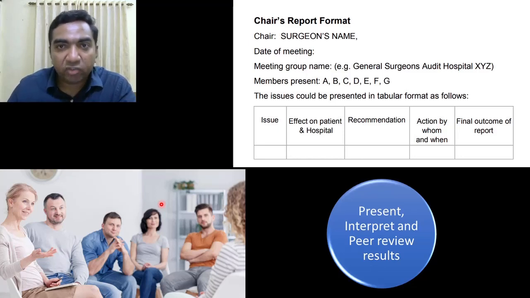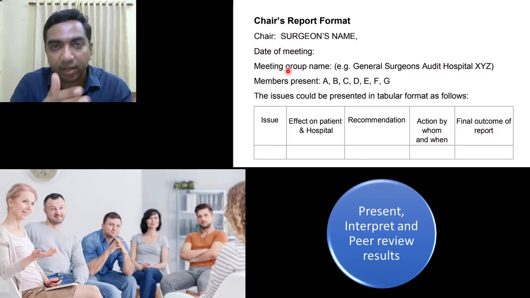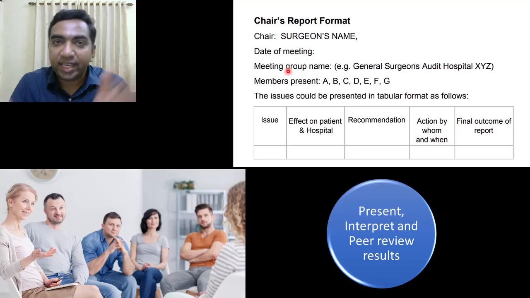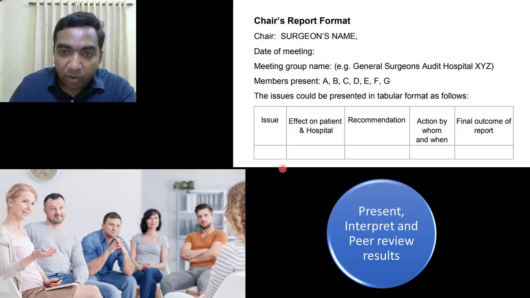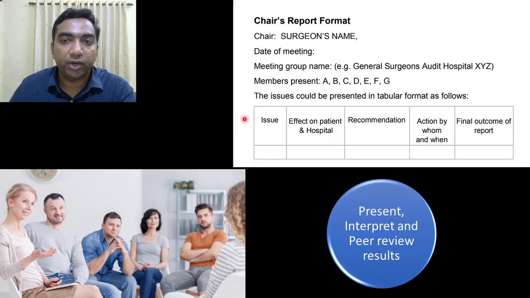And finally, the head of the family, the chair, will come with a reporting format. Suppose everybody is equal, then for each audit the chair can change. So we have to identify the issue, and identify what the effect is on the patient and hospital. Say the issue is recurrent laryngeal nerve palsy during thyroidectomy. The effect on the patient and hospital is a higher amount of litigation, and the patient is having problems.